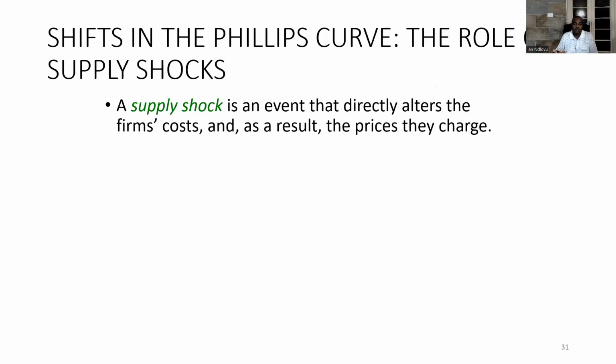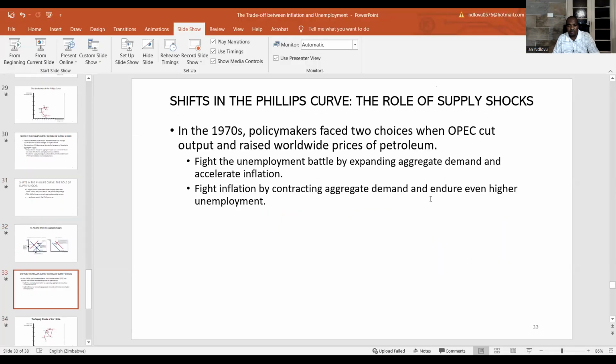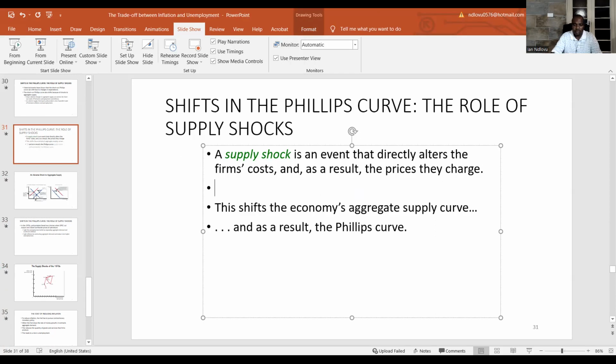What is a supply shock? It's an event that directly alters firms' costs, and as a result, the prices they charge, like the war in Ukraine.